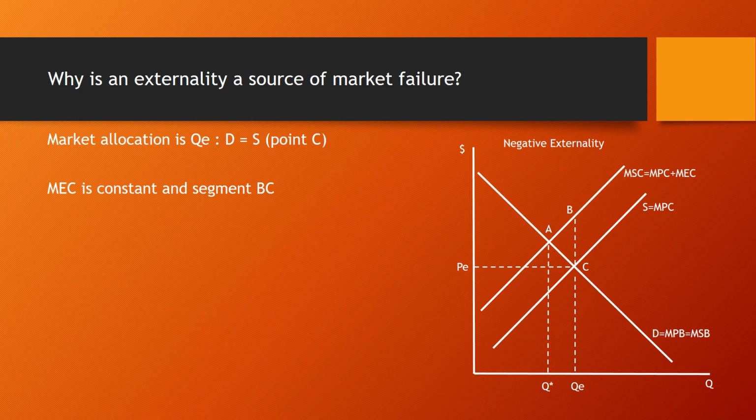Now, we have a model of a negative externality associated with a perfectly competitive market. The optimal quantity of the good is, of course, the quantity at which marginal social benefit equals marginal social cost. This is called point A, and the optimal quantity is shown as Q star.